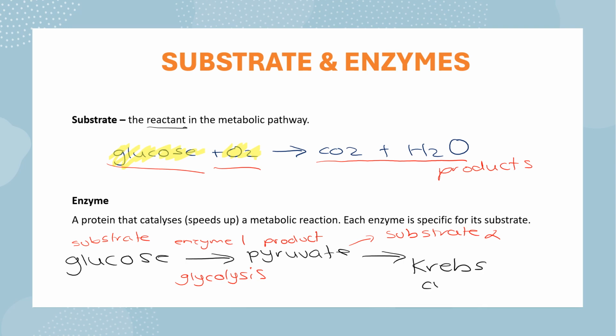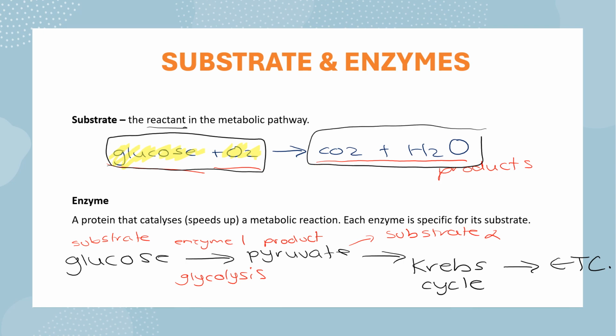In the Krebs cycle, that will be broken down even more, and then we'll go to the electron transport chain. So just as an explicit example of something that we've seen before, we know that cellular respiration doesn't just go straight from this first stage here to these end products. We have multiple metabolic pathways and steps that occur for this to happen.